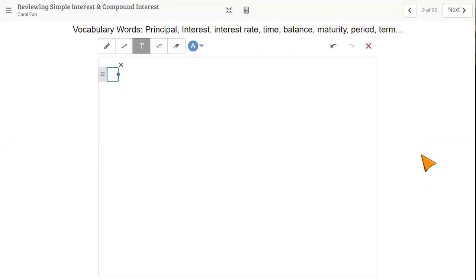The word principal means the original amount, so the amount that you started out with. The opposite of principal would be amount, and this is the final amount.